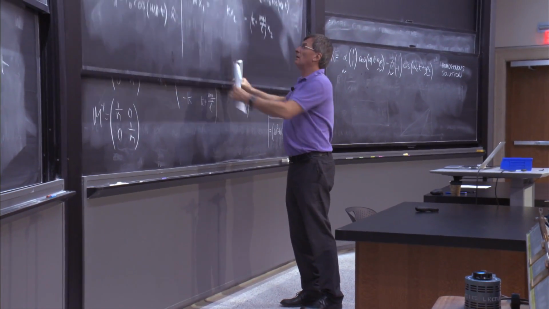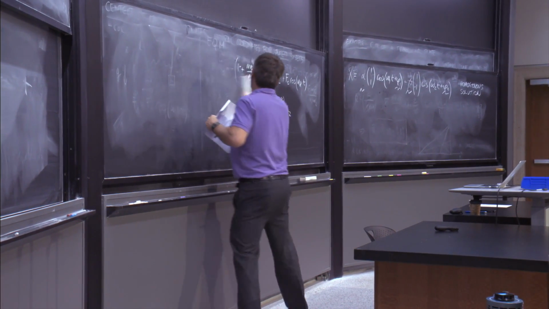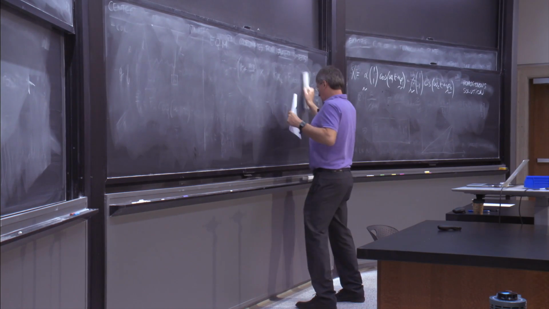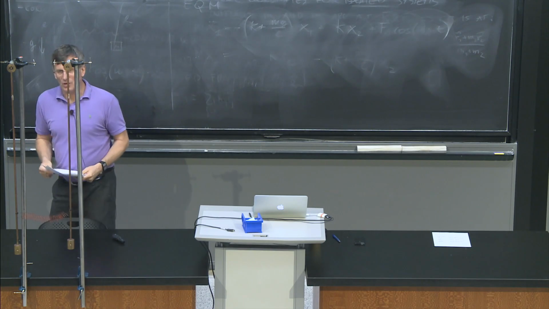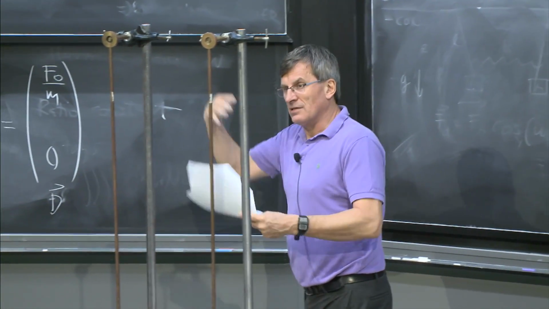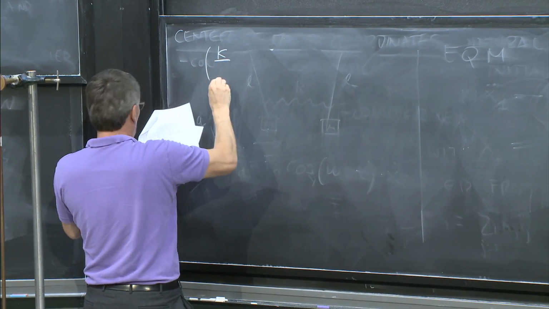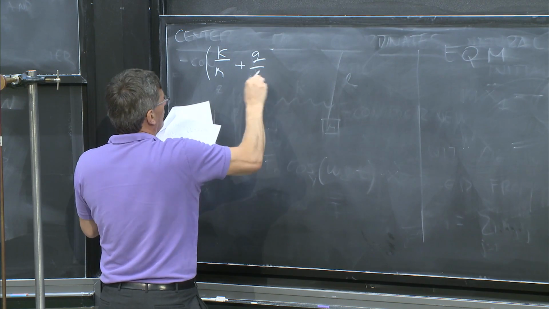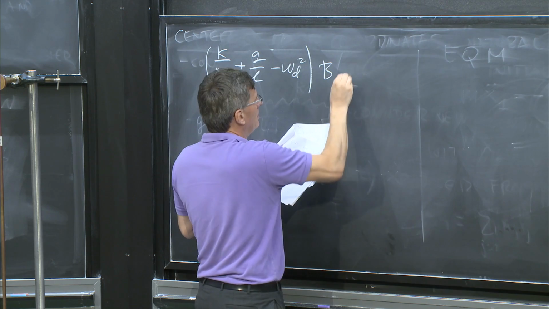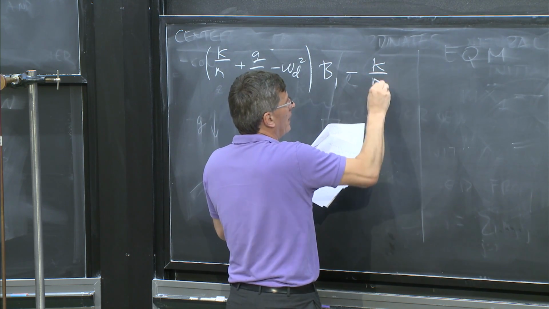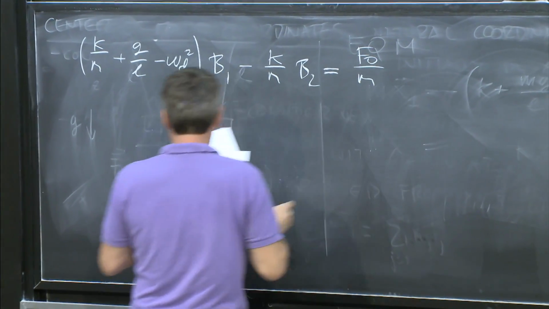Because again, this is a simple 2 by 2 equation. So maybe just to bring it a little bit closer to what you are used to, let me quickly write this down as a set of 2 by 2 equations. There's a coefficient here, k over m plus g over L minus omega d squared, which is a number, times B1 minus k over m times B2 is equal to f0 over m.